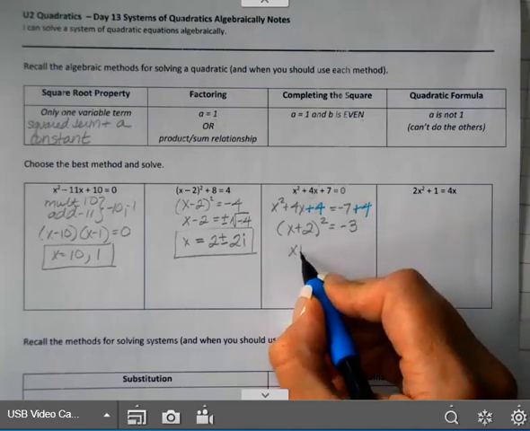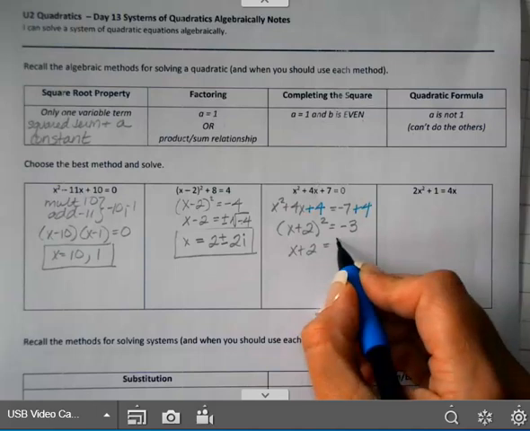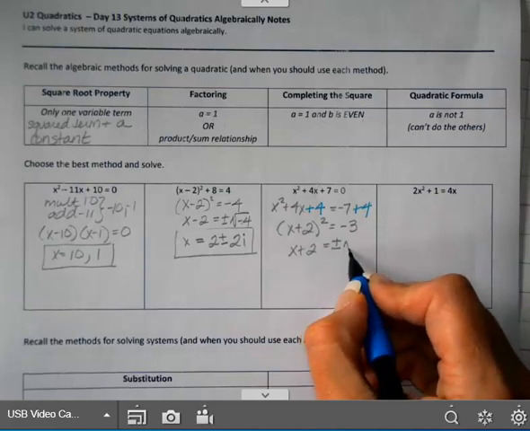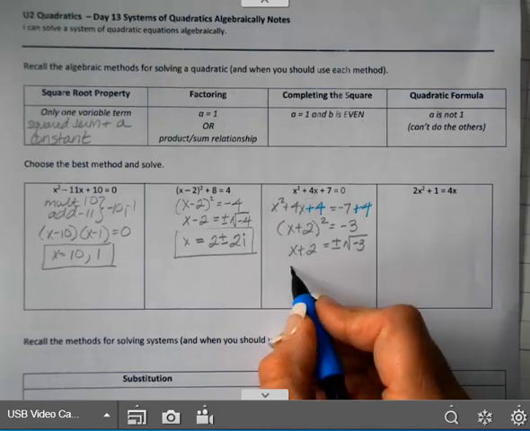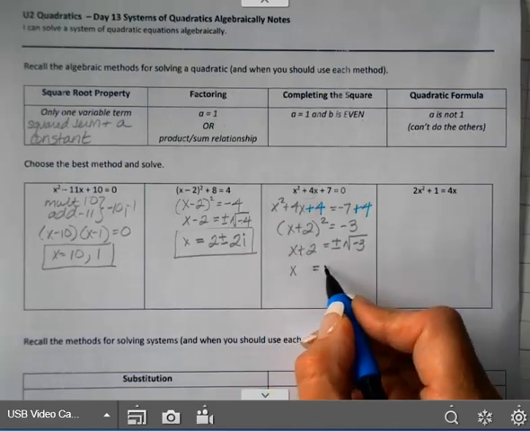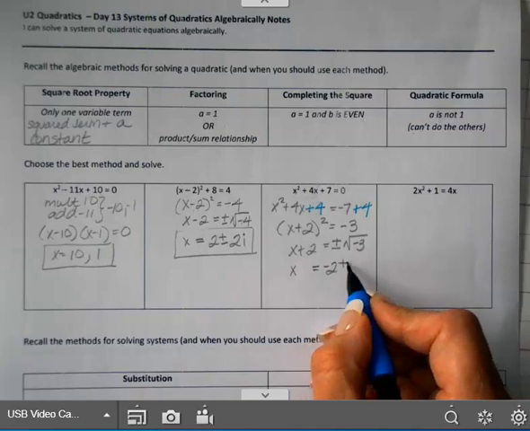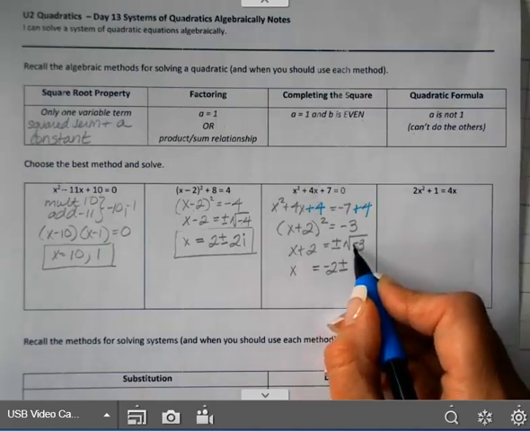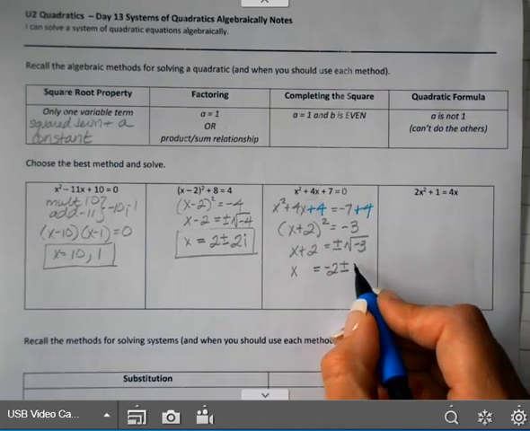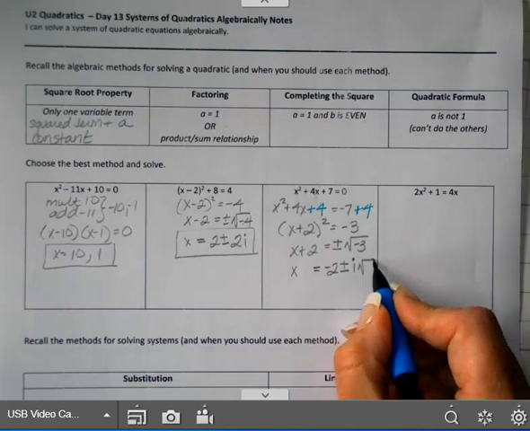Take the square root of both sides. Make sure you put plus or minus there. Square root of negative 3. Move the plus 2 to the other side, so I'm going to subtract 2 from both sides. There is not a perfect square that goes into 3. However, the negative i can pull out from underneath the square root, and that's going to be i square root of 3.